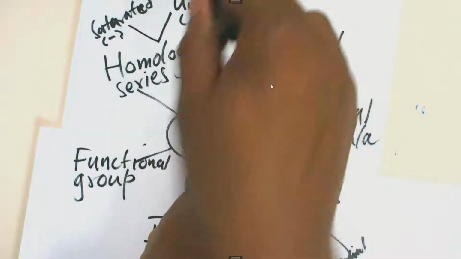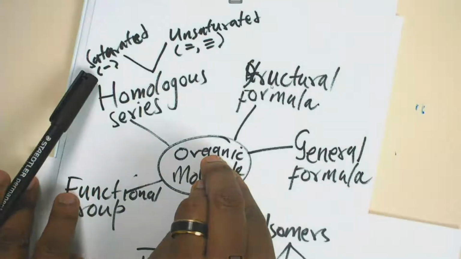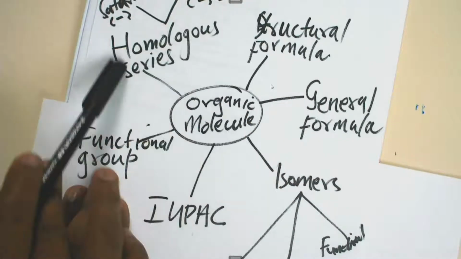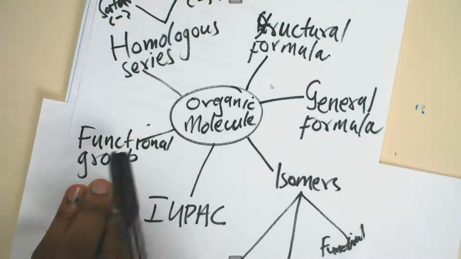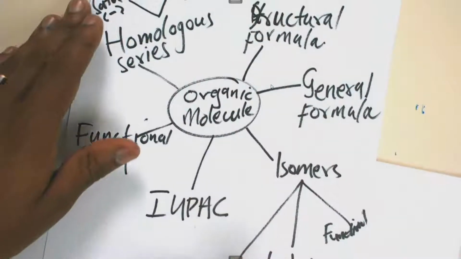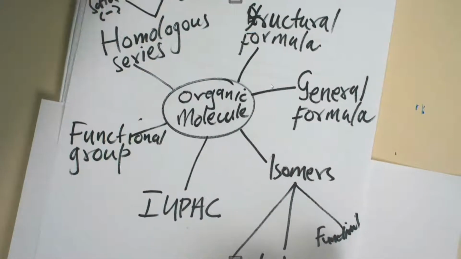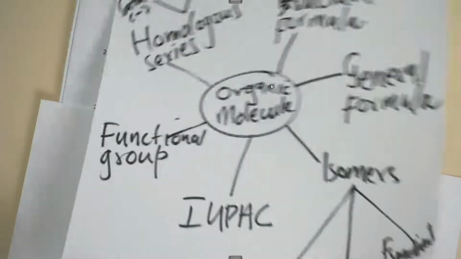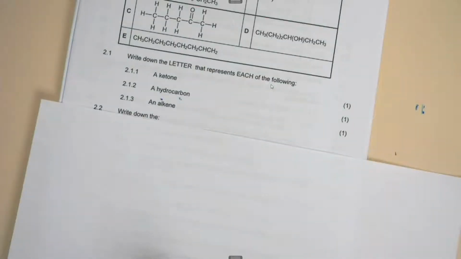But in our case, we are only looking at hydrocarbons. Therefore, further on, do I know the homologous series to which it belongs? Then the functional group thereafter. So with this, it becomes clear that these are things I need to look for, and the examiner will ask me things along those lines.